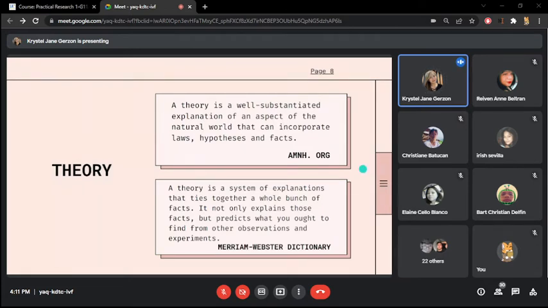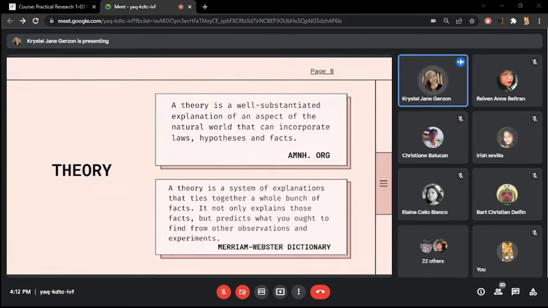It wouldn't be recognized as a theory if the author failed to provide sufficient evidence or facts that would really support the assumption of the theory.